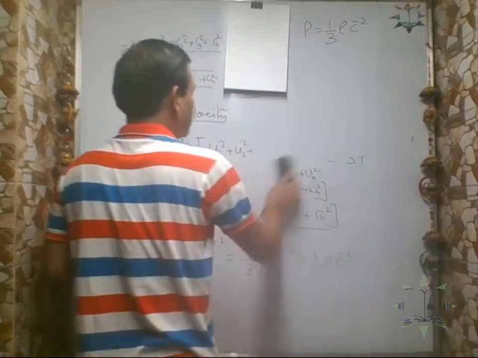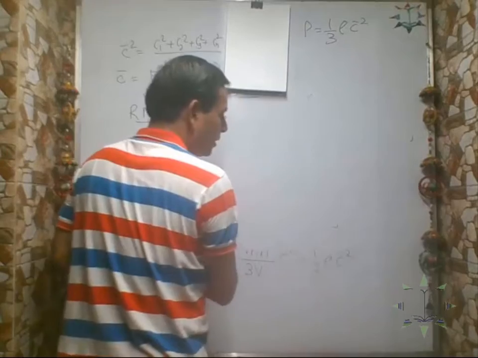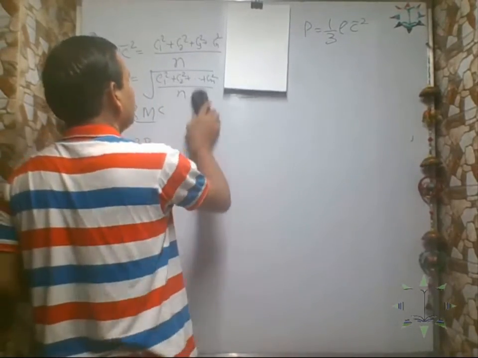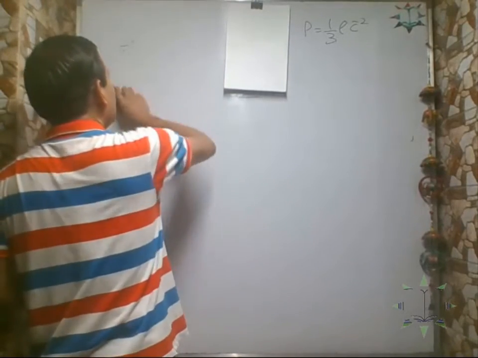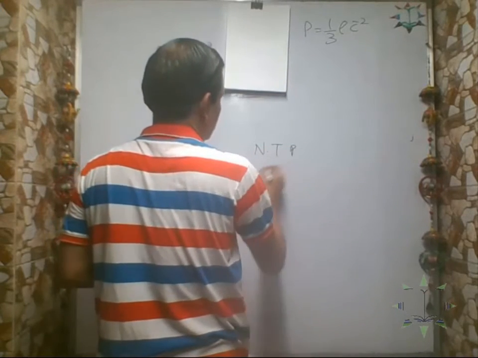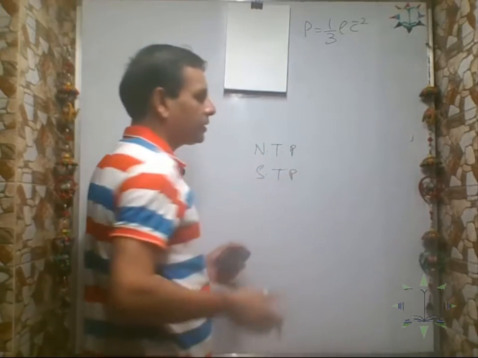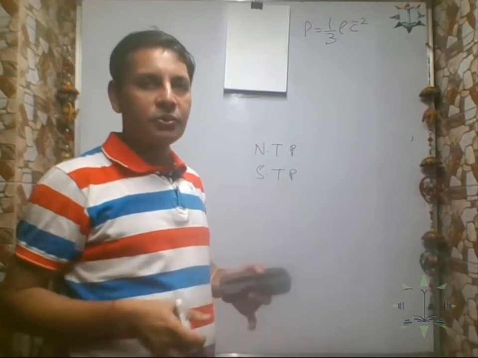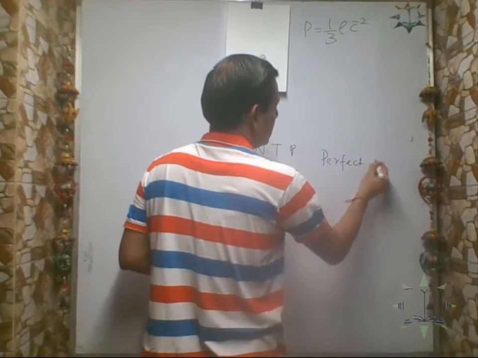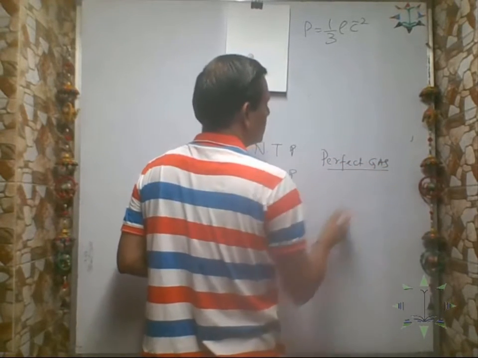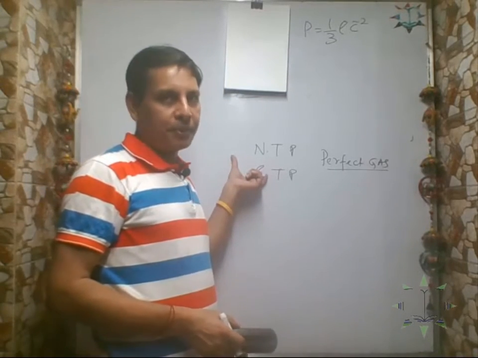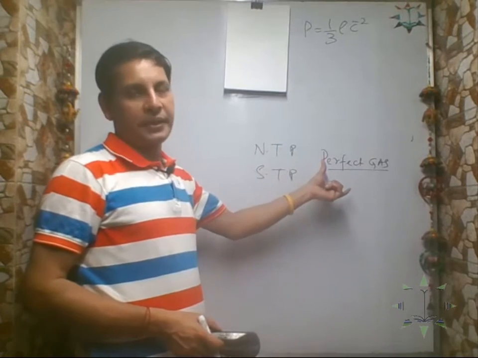Now the gas molecules normally do not obey all the postulates of kinetic theory. जितने भी assumptions हम लोग लिया था ना, सब के सब नहीं मानता है. जो gas molecules normal temperature pressure NTP या बोलो standard temperature pressure में kinetic theory का सारे postulates को, सारे assumptions को मानता है, उसको क्या कहा जाता है? Perfect gas. What is a perfect gas? The gas molecules which obey all the postulates of kinetic theory at normal temperature and pressure are called perfect gas.